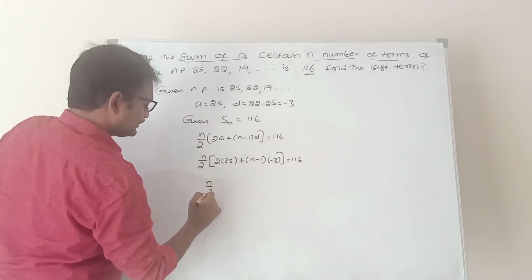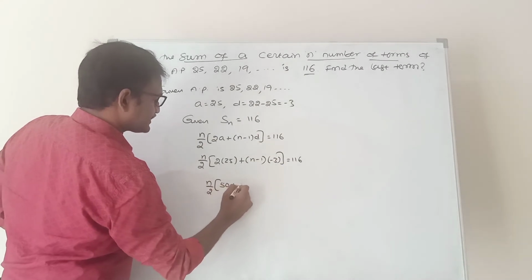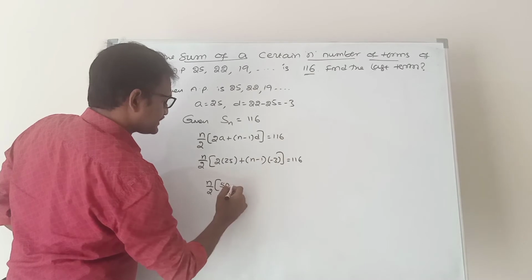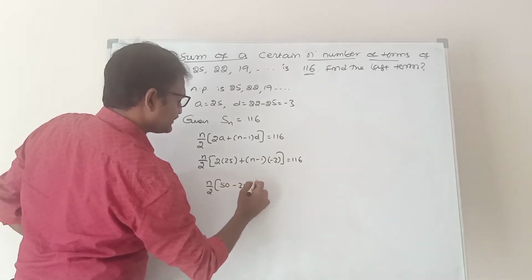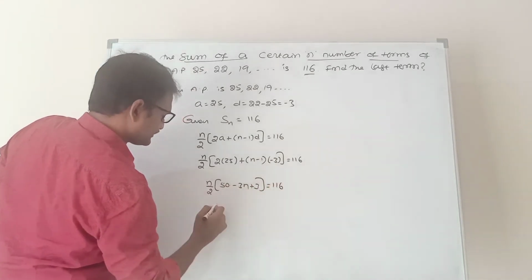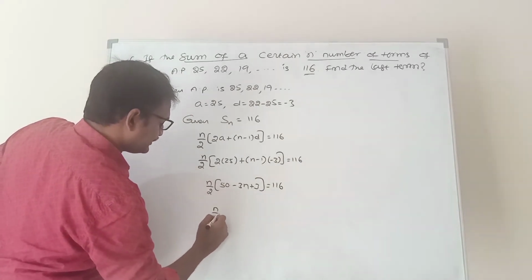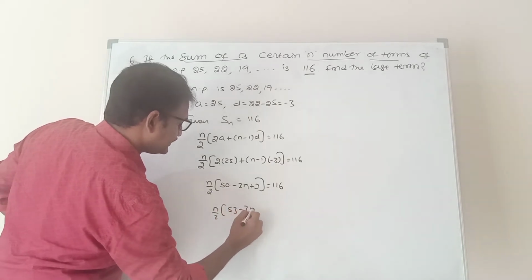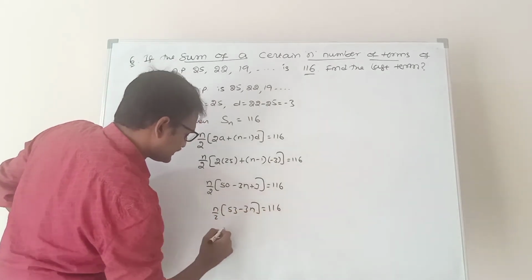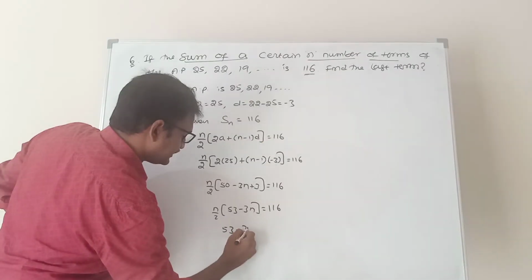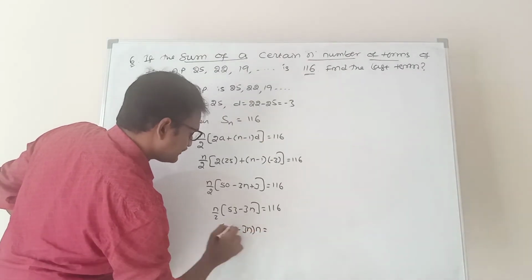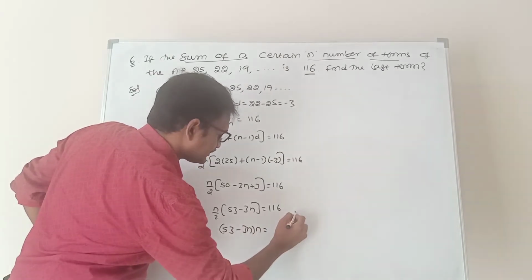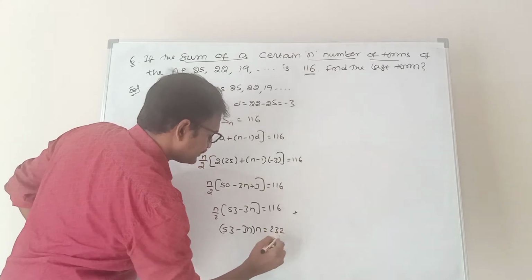So n by 2 into 50 plus 50 minus 3n plus 3 is equal to 116. So n by 2 into 50 plus 3, 53 minus 3n is equal to 116. 53 minus 3n into n is equal to 2 into 116. 2 6 are 12, 2 1 are 2, 3, 232.